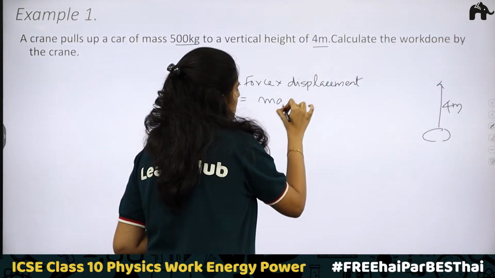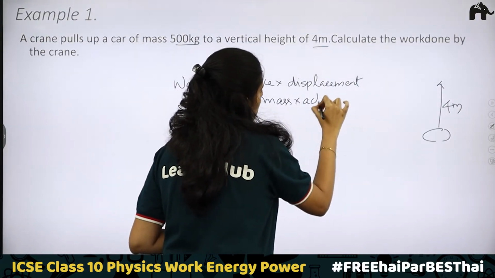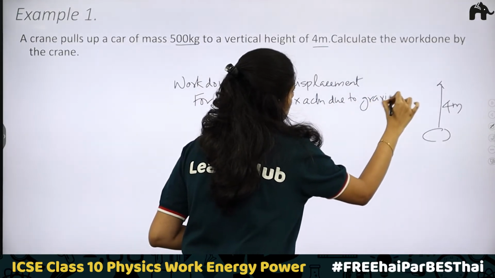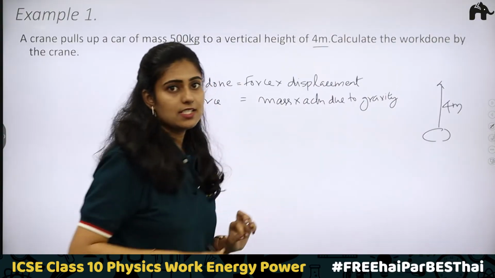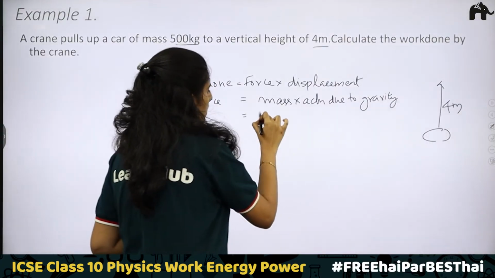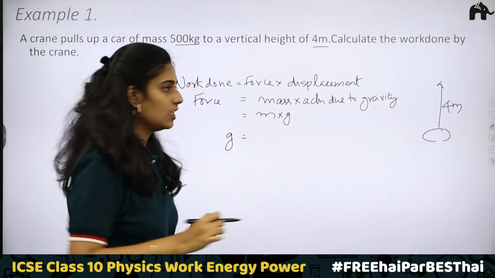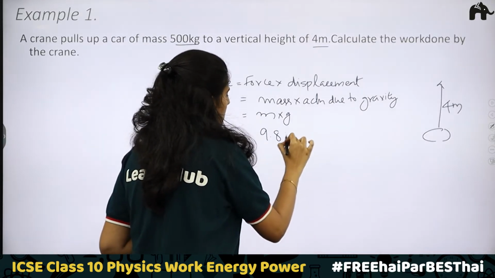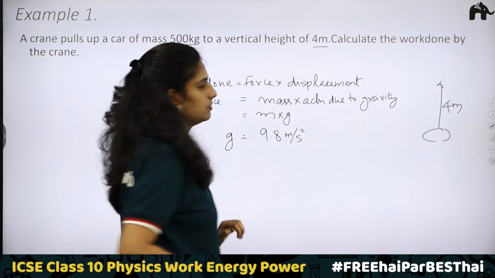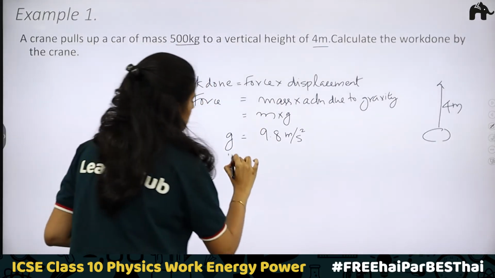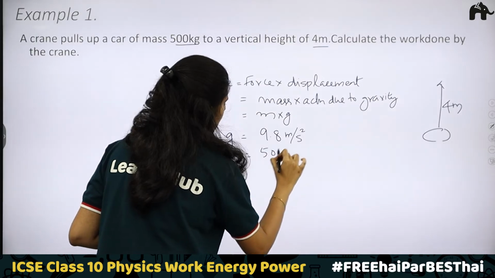Weight is mass into acceleration due to gravity. We know weight is equal to mg. What is the value of g? Acceleration due to gravity, g, is equal to 9.8 meter per second square. Mass is given in the question, which is 500 kg.